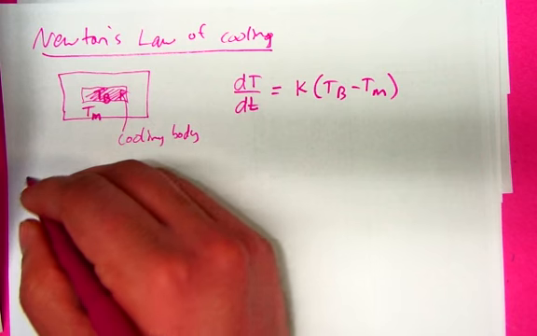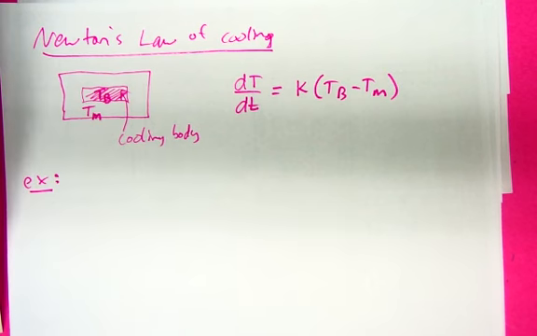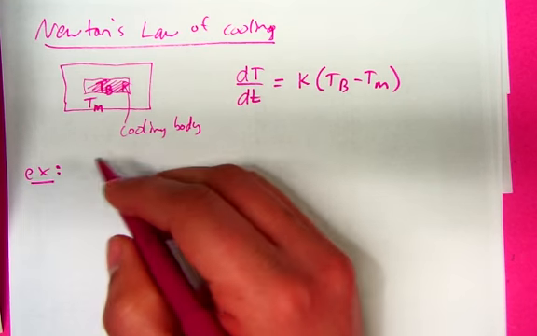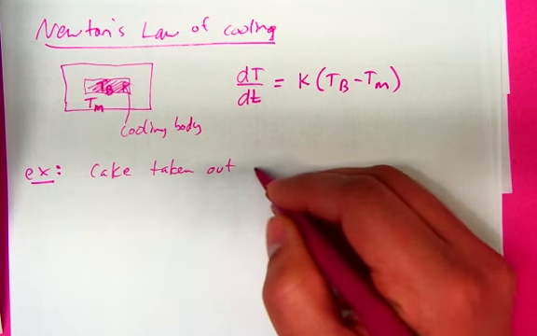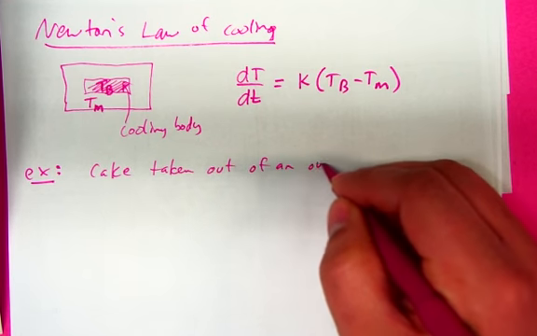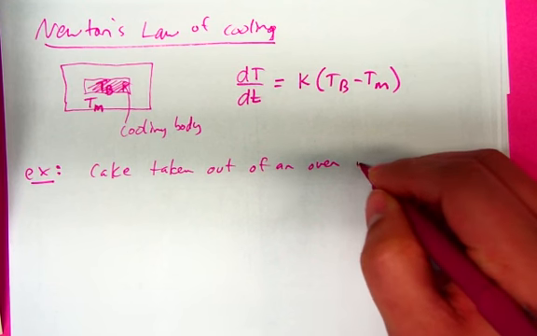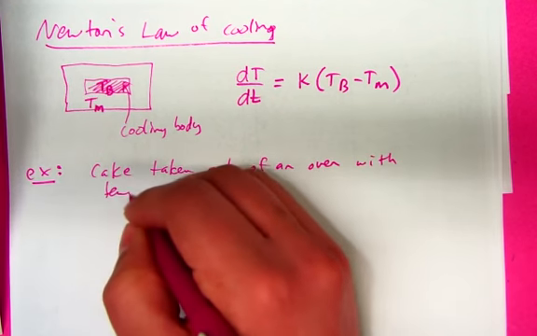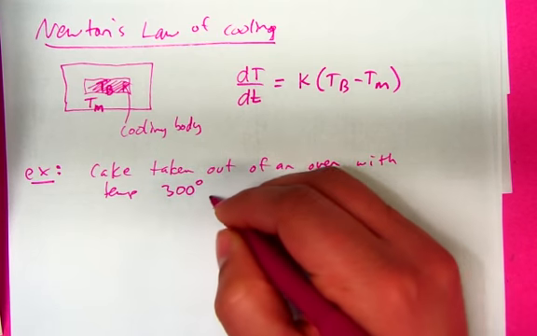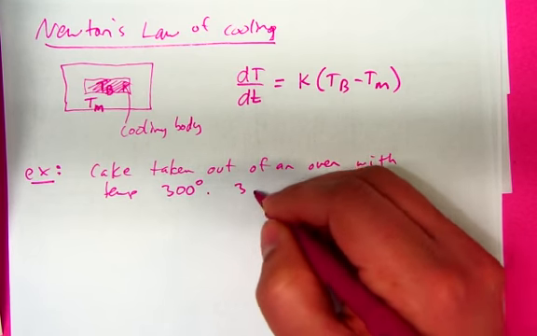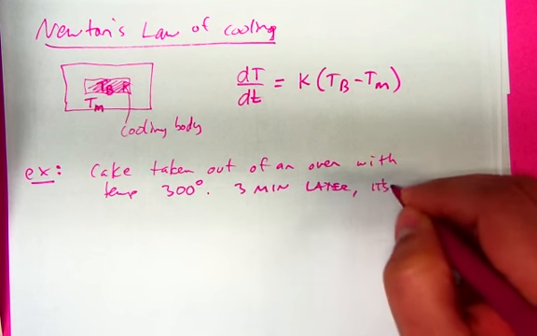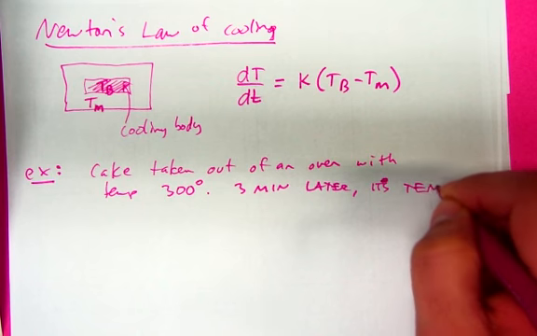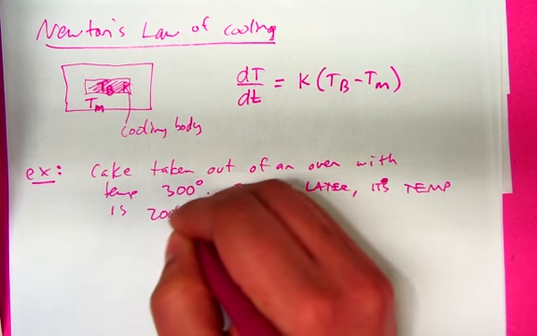So here's an example. Let's say we have a cake taken out of an oven with temperature initially at 300 degrees. 3 minutes later, its temperature is 200 degrees Fahrenheit.